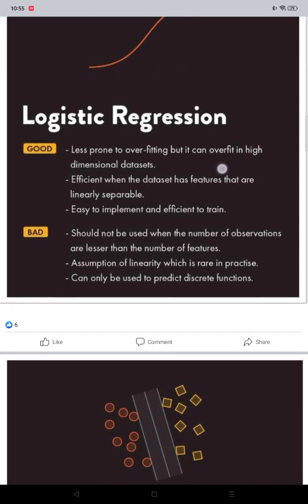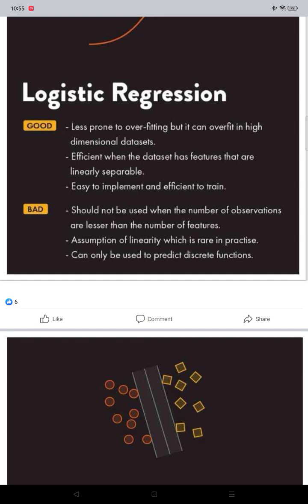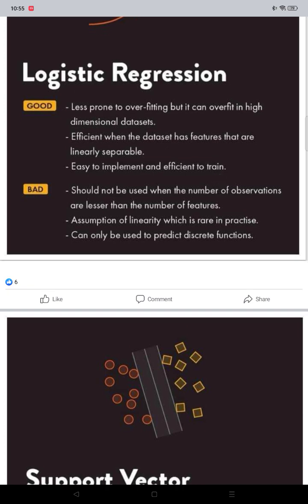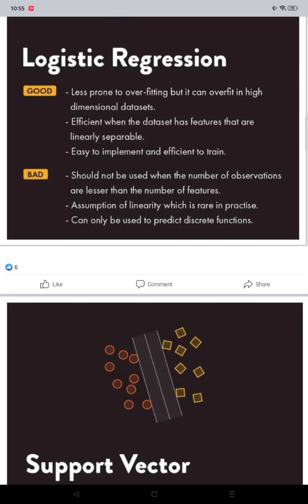Now, logistic regression. What are the good things in logistic regression? It is less prone to overfitting, but it can overfit in high dimensional datasets. It is efficient when the dataset has features that are linearly separable, easy to implement and efficient to train.